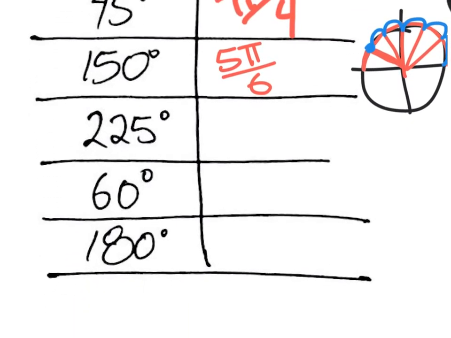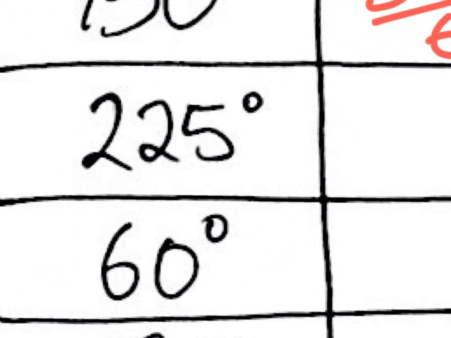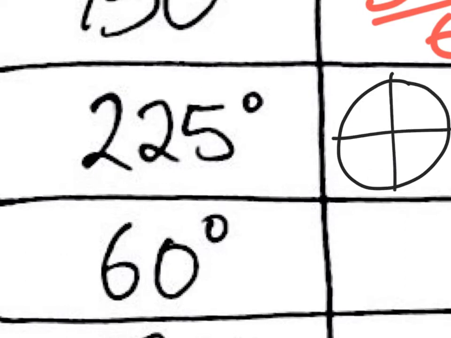225 degrees. Let's go like this. Save some space. Alright, 225 degrees. So let's see. I'm stressing. 90, 180, plus another 45. Alright, so there's our 225 degrees. It's that angle. And what are we doing?